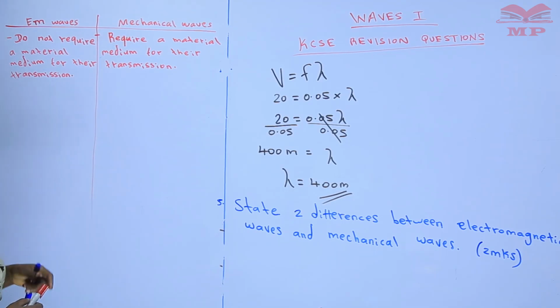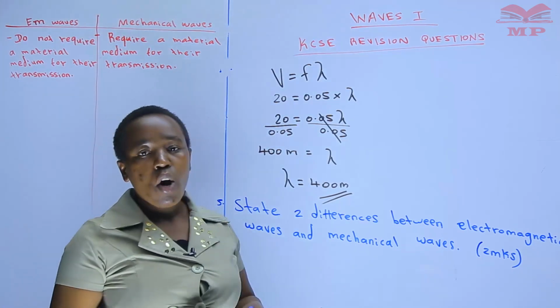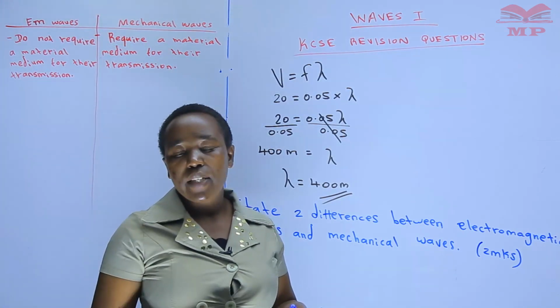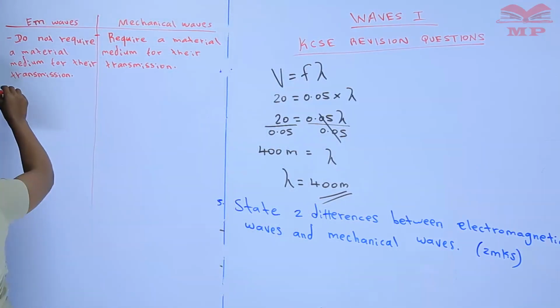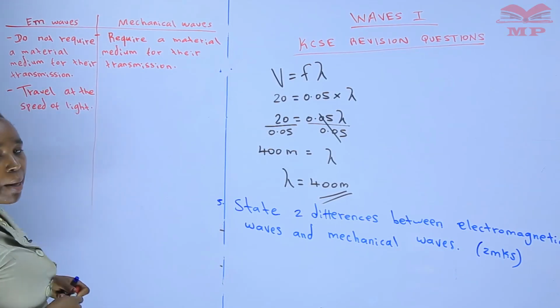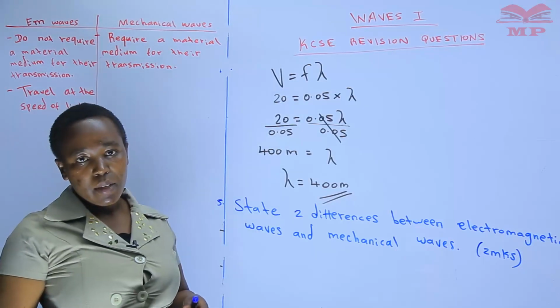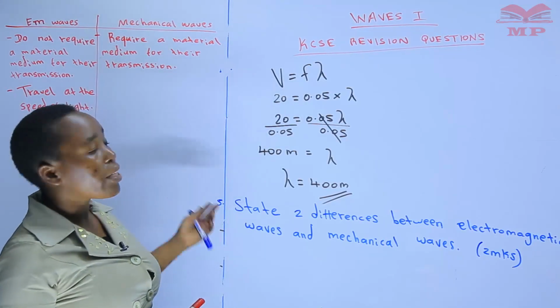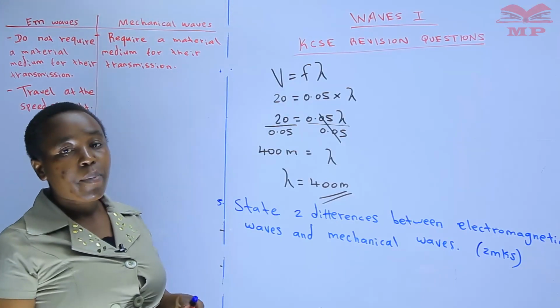Something else that you need to note on electromagnetic waves, all electromagnetic waves travel at the speed of light. But for the mechanical waves, it depends with the medium. Is the medium water? Is the medium maybe a spring?